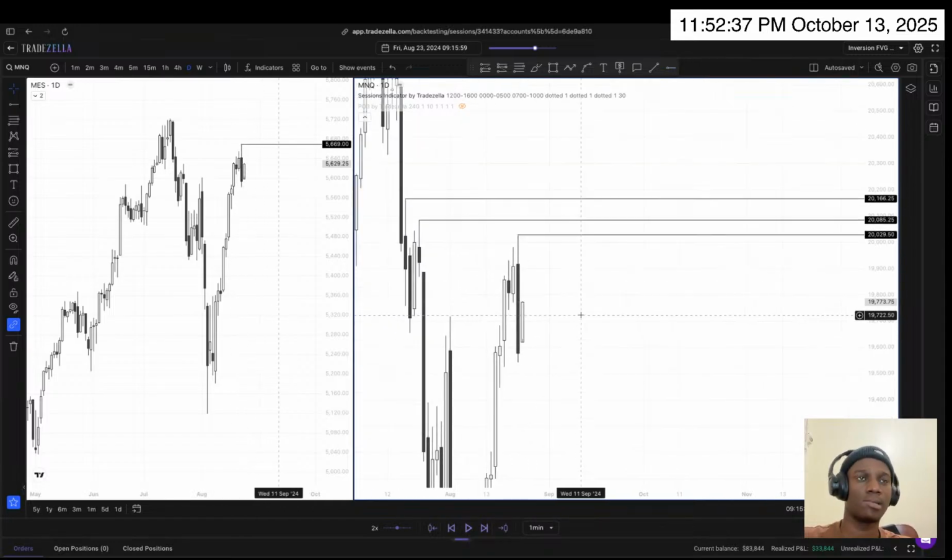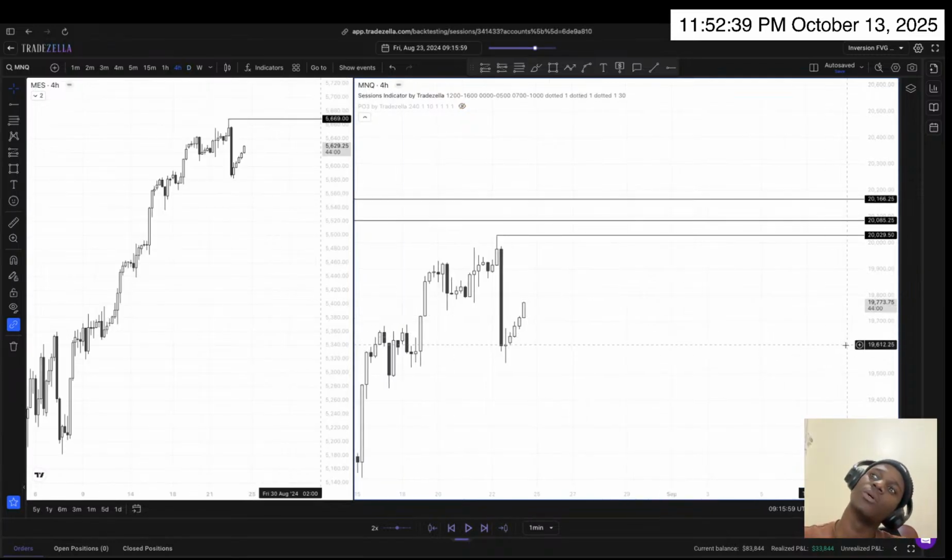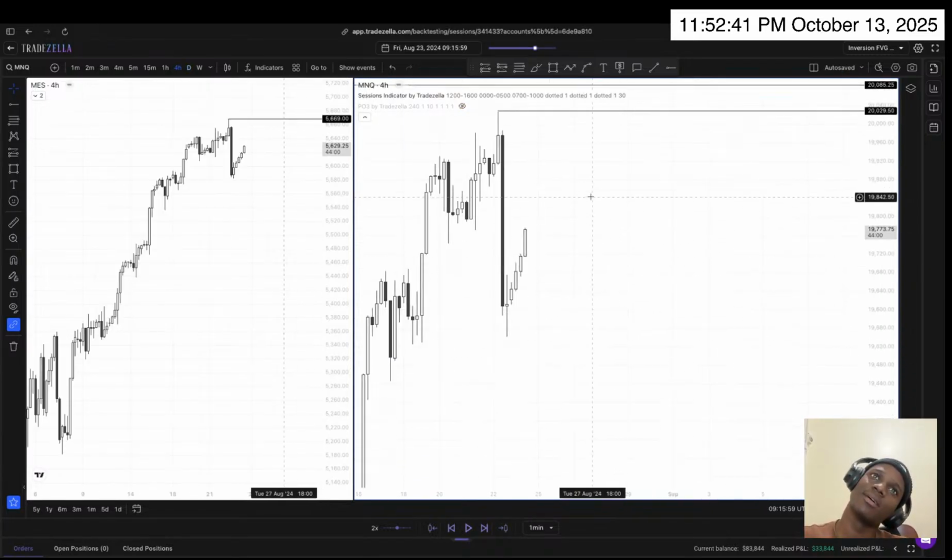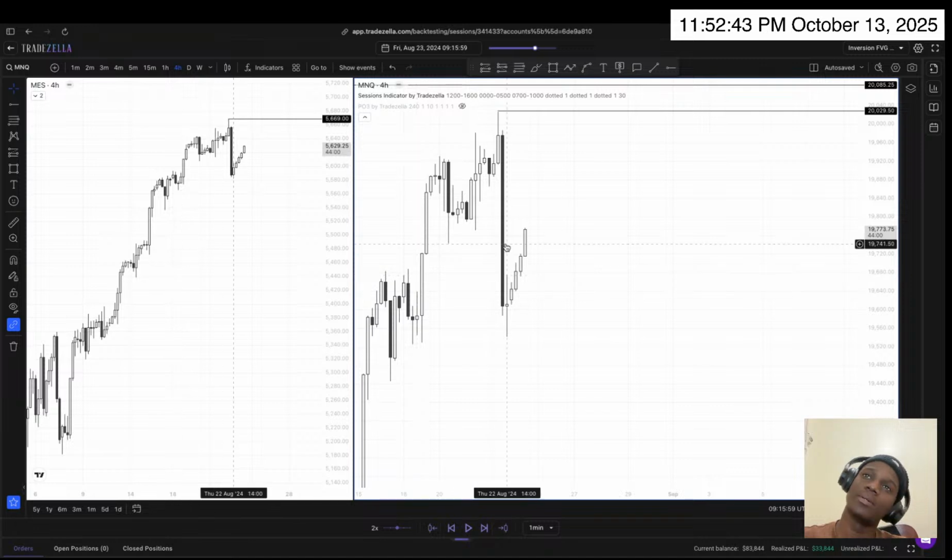Oh brother, this is a good go lower because of this gap here.